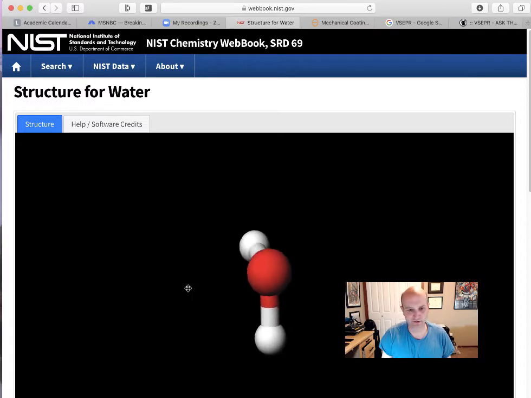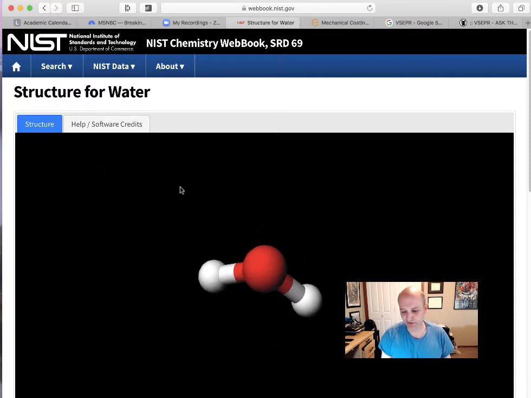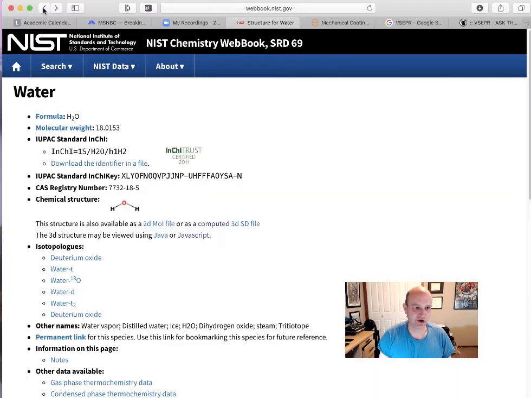Water has 104.5 degrees. It's squished even more because there's two charged clouds. Water is bent. Now you may remember that sulfur dioxide was also bent, but it was bent at 120 degrees. These are bent at 104.5. It's bent in a different way because the sulfur only had 3 groups in it, and this water has 4. There's 4 charged clouds here. When I say groups, I mean charged clouds.